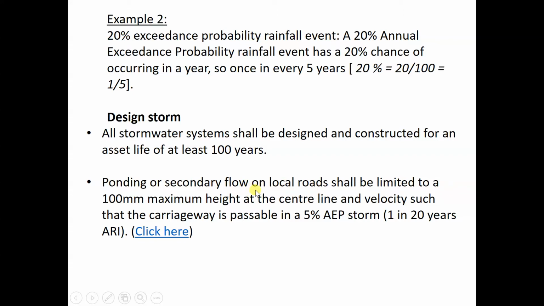Yeah, secondary flow system. In this secondary flow system, we're not going to flood the whole road, but we allow the water to be limited to a maximum of 100 mm height at the centre of the road. So 100 mm maximum height is still possible for a lot of the traffic, for the cars.